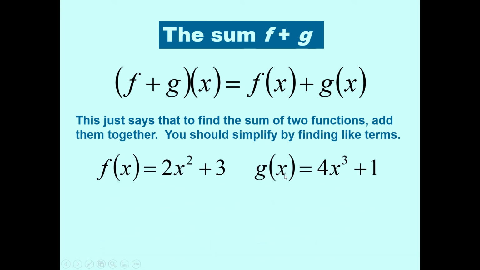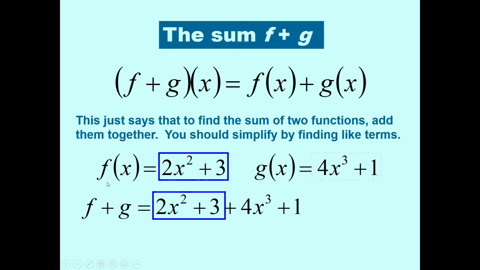For example, we have two functions here. What is the case when we add them? The x's are not the same, so we cannot add these x's. One of them is to the power 3, the other one is to the power 2. So we write 4x to the power 3 plus 2x to the power 2 plus, and we can only add the 3 and 1, which makes 4.